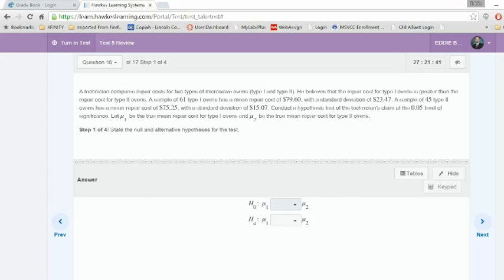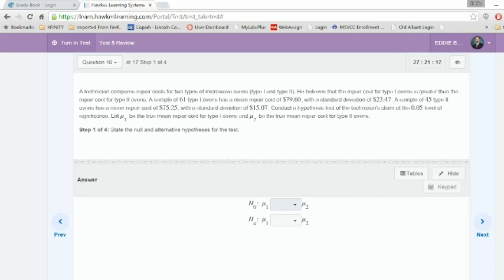Conduct a hypothesis test of the technician's claim at the 0.05 level of significance. Let mu sub 1 be the true mean repair cost of type 1 ovens and mu sub 2 be the true repair cost of type 2 ovens.